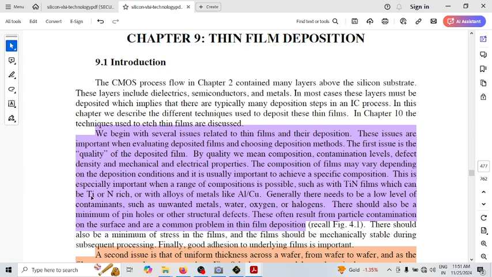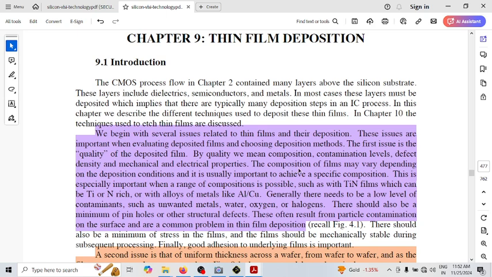So this can be either titanium rich or nitrogen rich. So we need to have a proper composition. It can be a thin film of aluminum and copper composition. You can have the percentage of aluminum and copper keep on changing. So this is one of the properties.